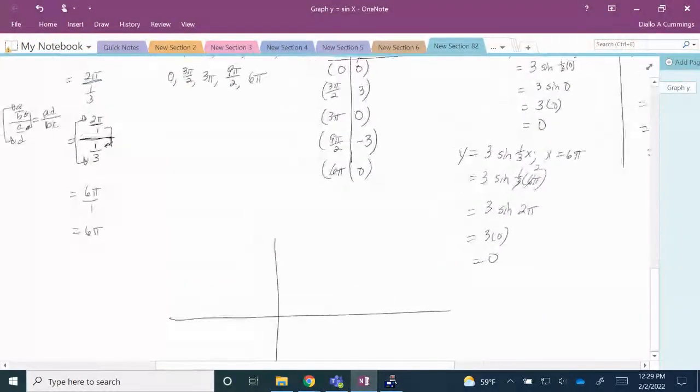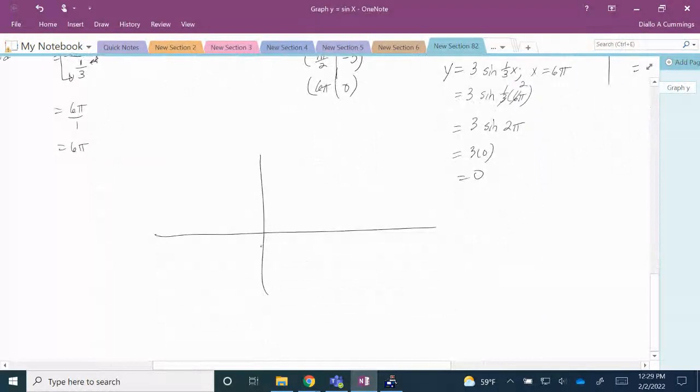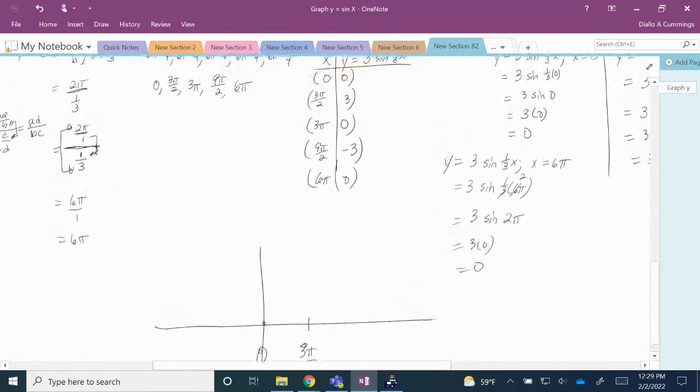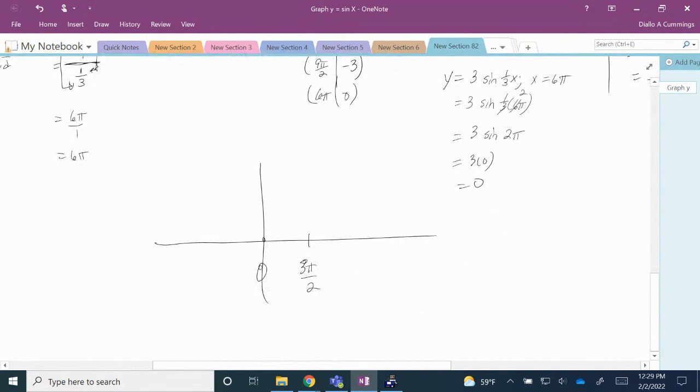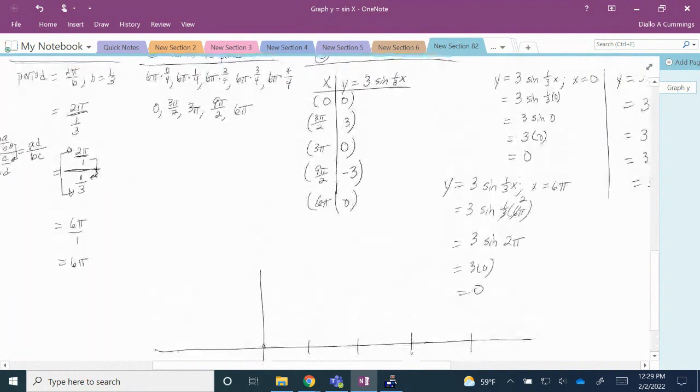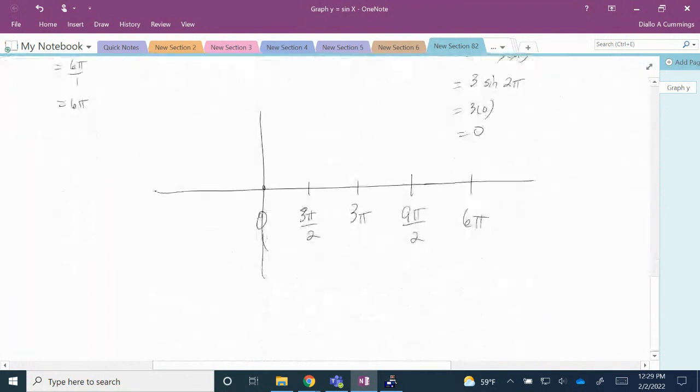Notice on our x-axis, we should have 0, 3 pi over 2, 3 pi, 9 pi over 2, and 6 pi. And if we look at our y values, they range from +3 to -3. So here is +3, here is -3.